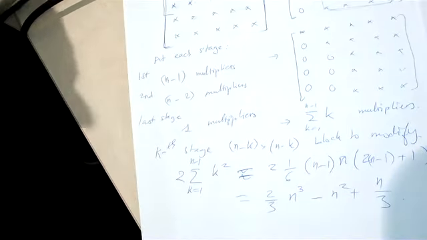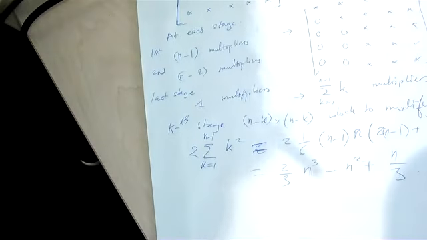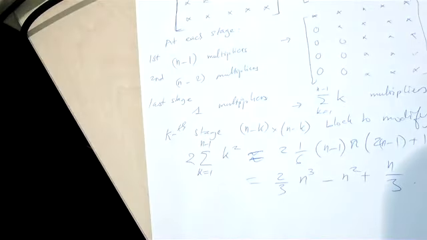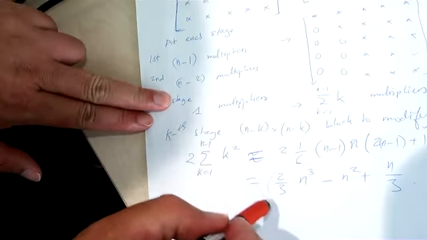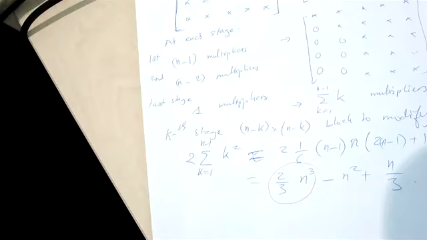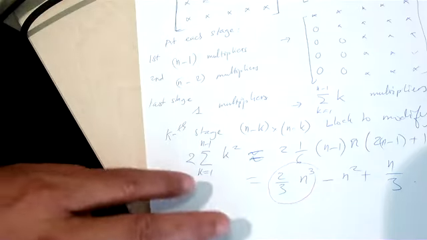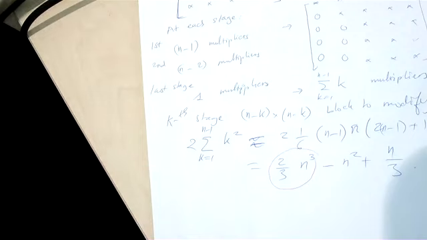Remember the big O notation, you ignore the lower order terms. Then the significant term is just this one, so 2n cubed over 3 flops. So that is how we have the two-thirds n cubed flops for the LU factorization.